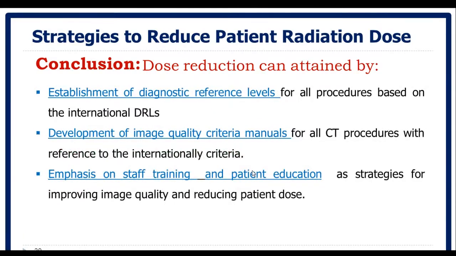To reduce the patient radiation dose and to have an optimal image quality, we need to establish diagnostic reference levels for all procedures based on the international DRLs, and we need to develop an image quality criteria manual following the international standards also, with emphasis on staff training and patient education.